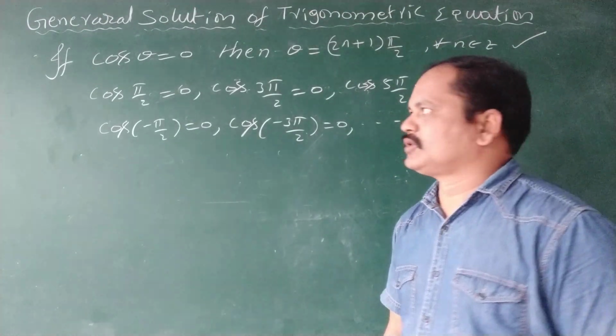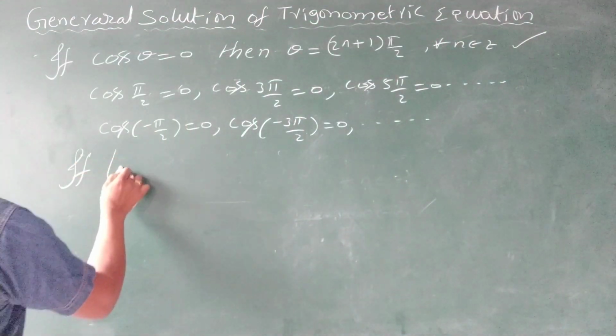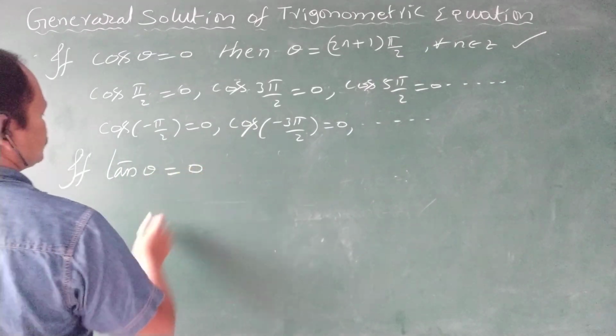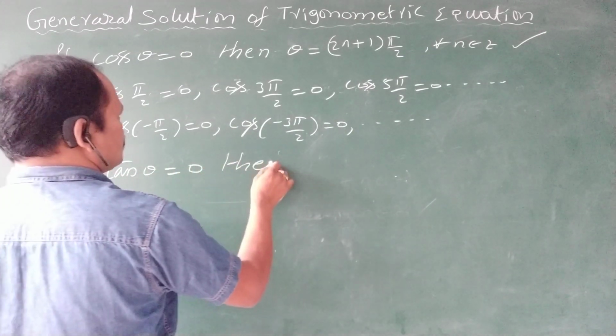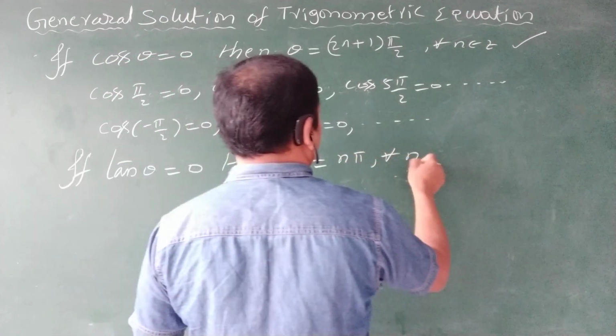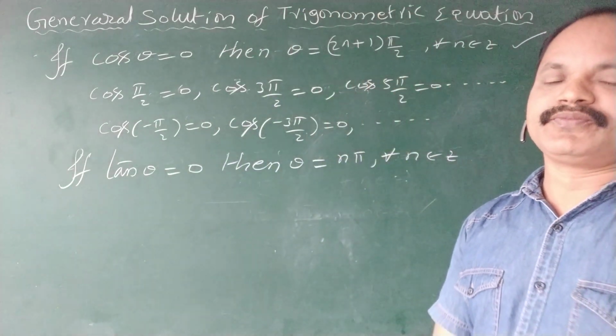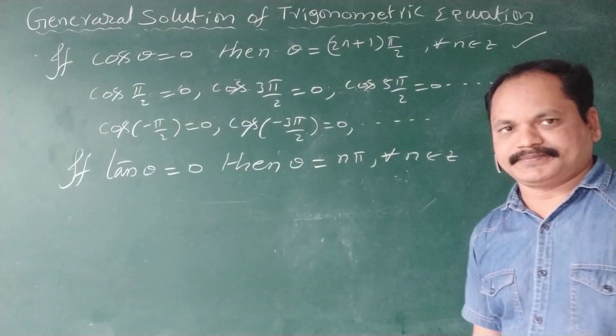Similarly, for tan, if tan theta is equal to 0, then theta is equal to n pi for all n belongs to Z. This is similar to sine.